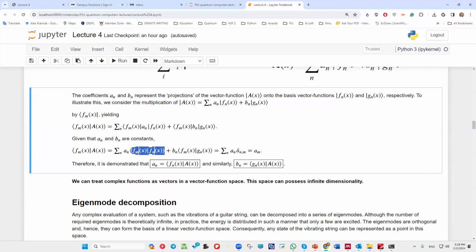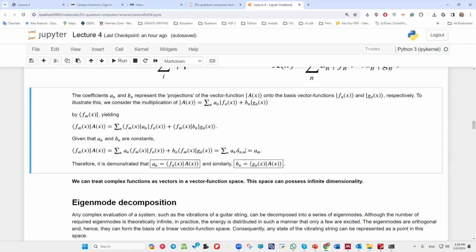But this one is equal to zero for every m except for the case when m is equal to n, right? So we describe this combination as a Kronecker delta, with two indices n and m.